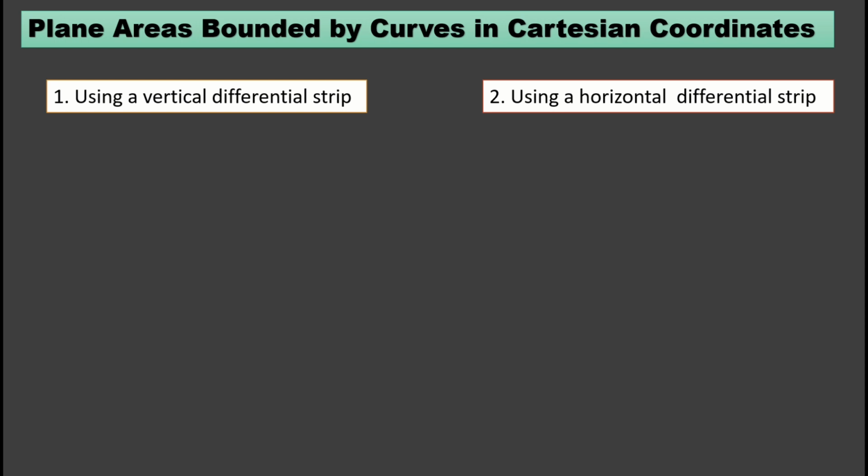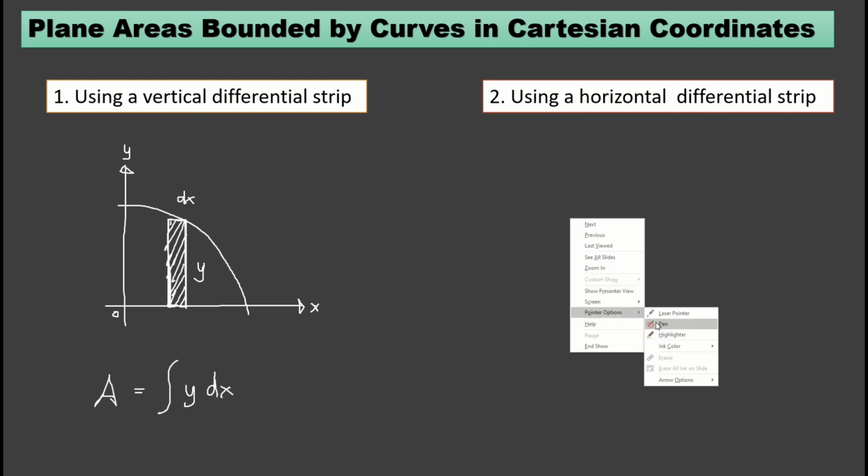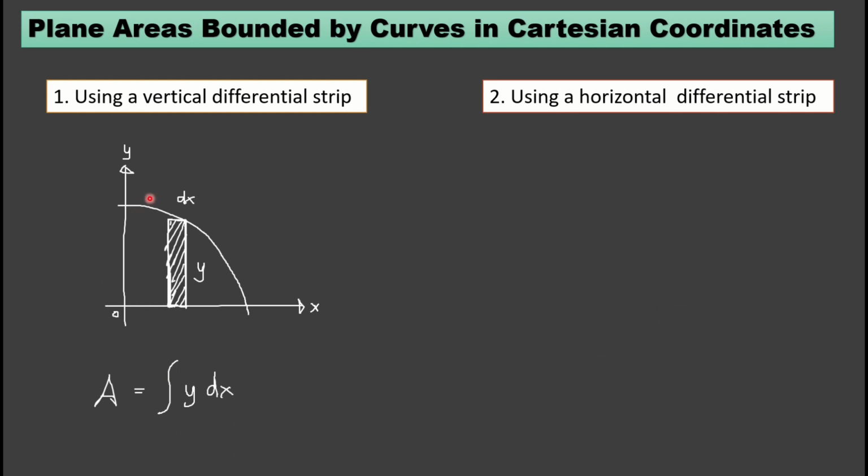In the vertical strip, this would be the graph. This will be the parabola, or a parabolic curve. We have the vertical strips here, then here is our y, then dx. Therefore, the formula for the vertical differential strip is that area equals the integral of y dx.